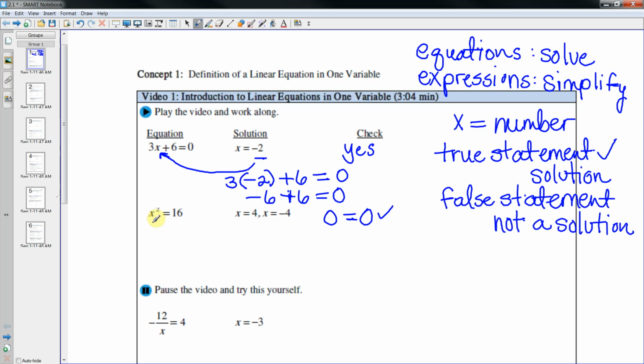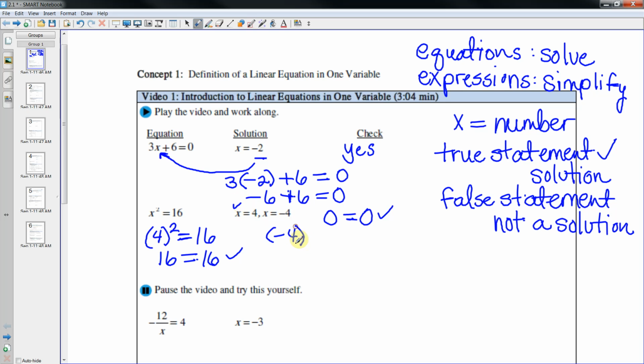For this next one, I have x squared equals 16, and they want me to try x equals 4 and x equals negative 4. So if I try x equals 4, 4 squared equals 16. So 4 squared is 4 times 4. That equals 16. So that works. So that x equals 4 is a solution. X equals negative 4. Now you need to be careful when you put in negatives.